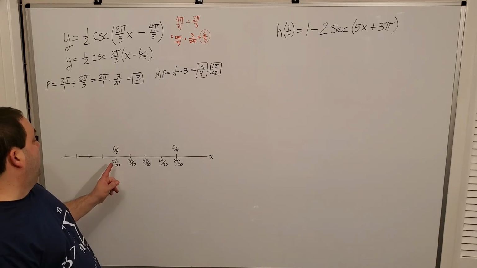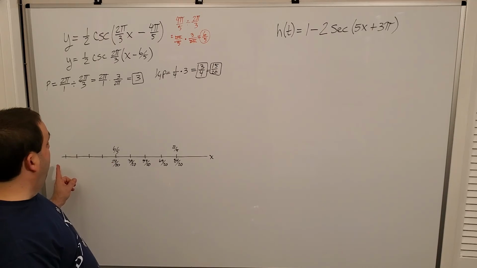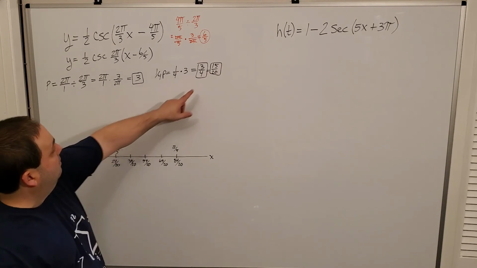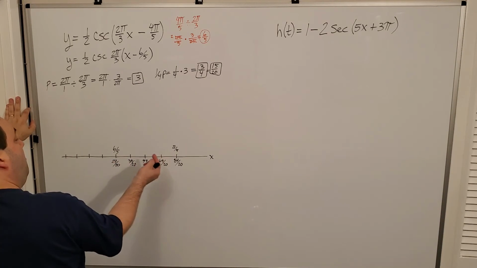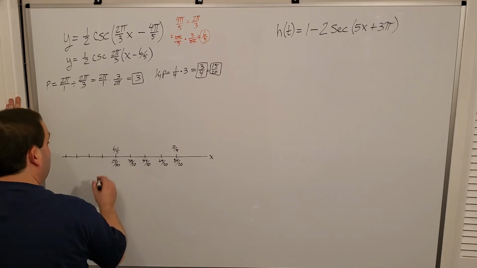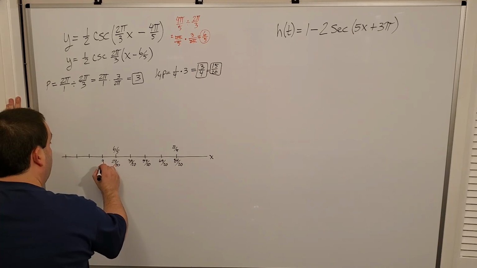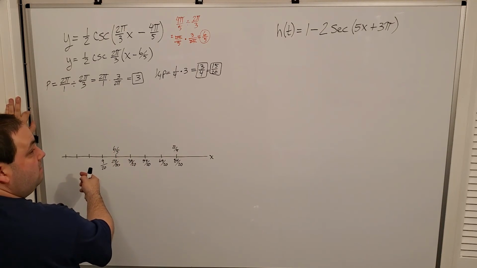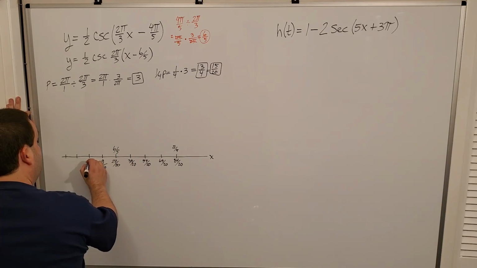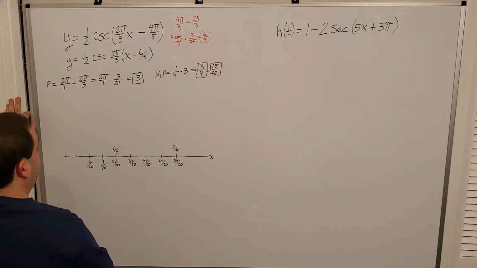And so now I'm going to count backwards as well, using the 15/20 for each mark. So 24 minus 15 is 9/20. Then 9 minus 15 is going to be negative 6/20.